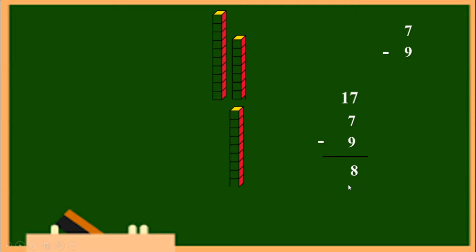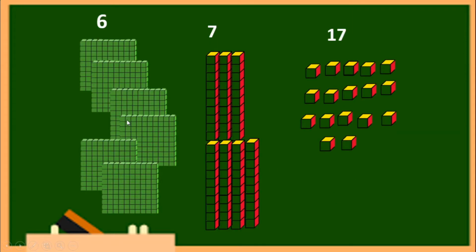So we are left with 8 ones. Now we are left with 6 hundreds, 7 tens and 17 ones.